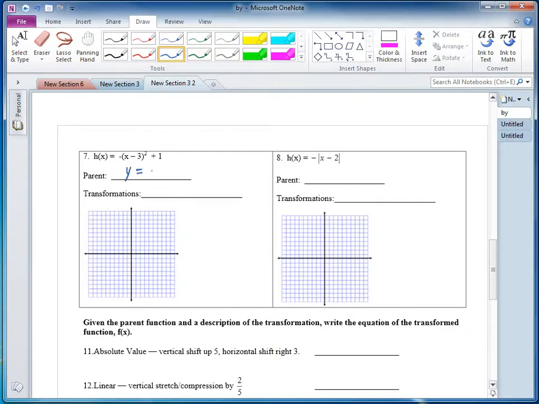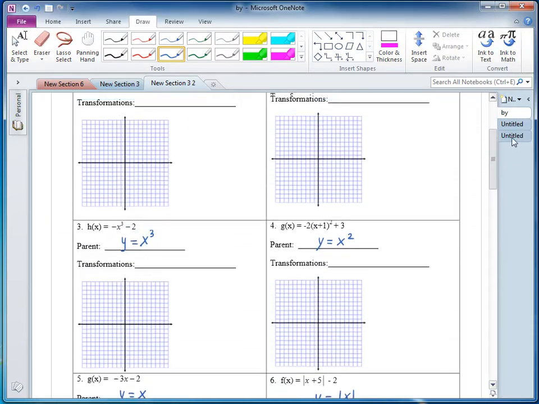Y equals, don't worry about negatives, okay? Make it all positive in a simpler way. X to the second power, so this is also a quadratic function in the vertex form. Number 8, parent function. Y equals absolute value of x. That's right.